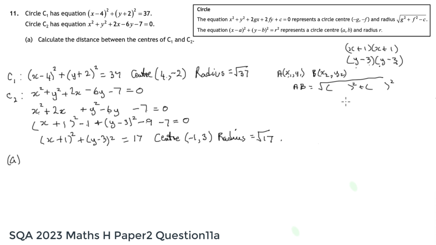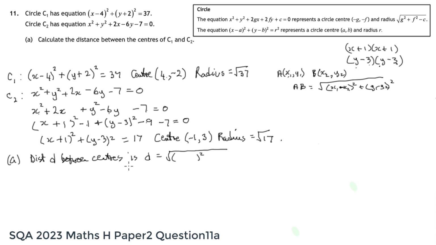That's the difference of the two x coordinates and the difference of the two y coordinates. So let's do that. Distance d between centres is the square root of the x difference squared.